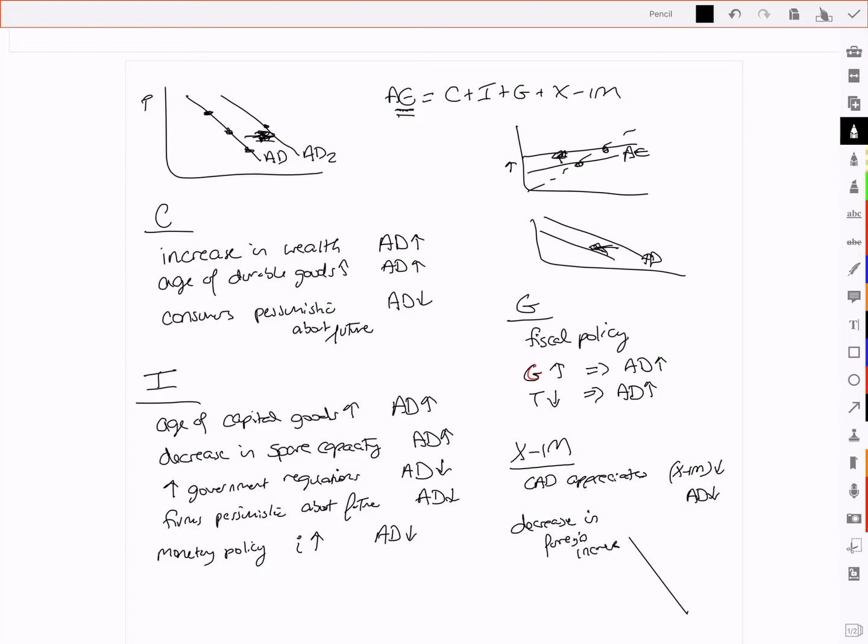So if the American economy is suffering, so Americans have less income, then they're going to buy less from us, so exports will fall, which means net exports will fall, and aggregate demand will decrease. What if the price of foreign goods increases?